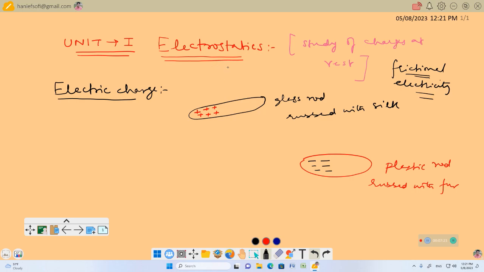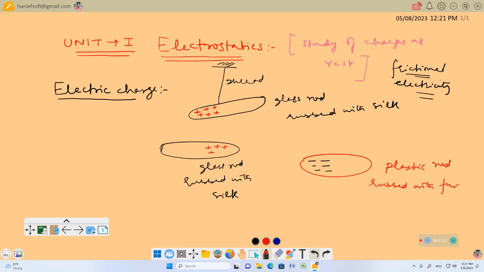Now, if you hang this glass rod, rubbed with silk, by some thread, and you bring another glass rod, also rubbed with silk, it also has positive charge because I am rubbing it with silk.